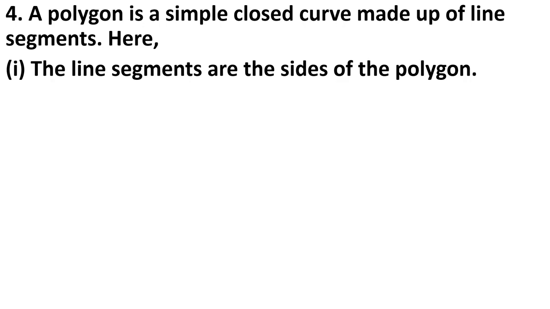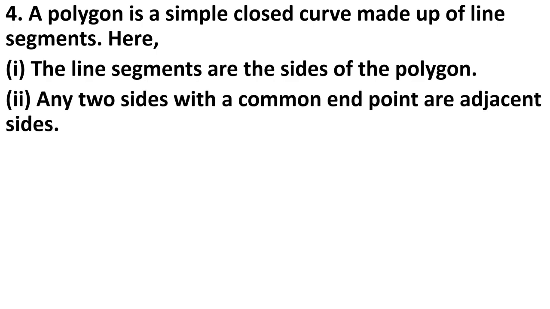All the line segments by which the polygon is made are called the sides of the polygon. Any two sides with a common end point are adjacent sides. If two sides have one common point, then those two sides are said to be adjacent sides.